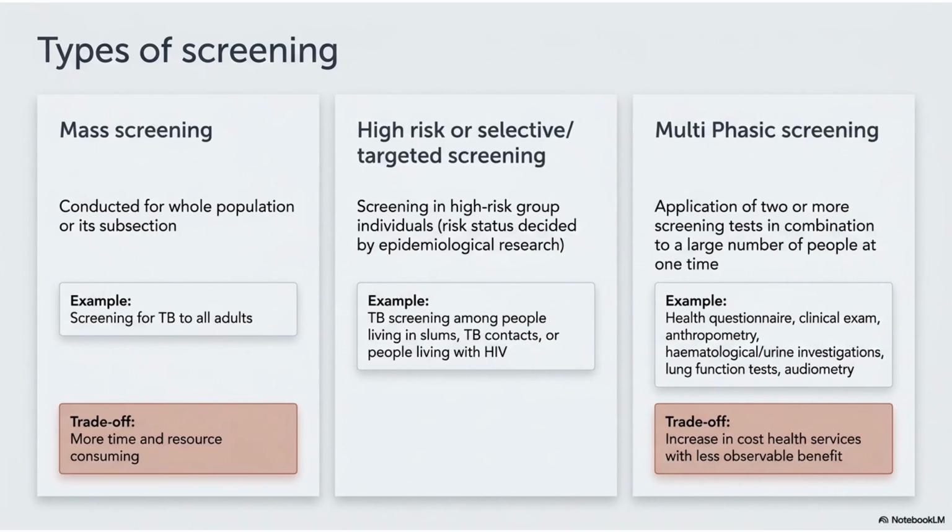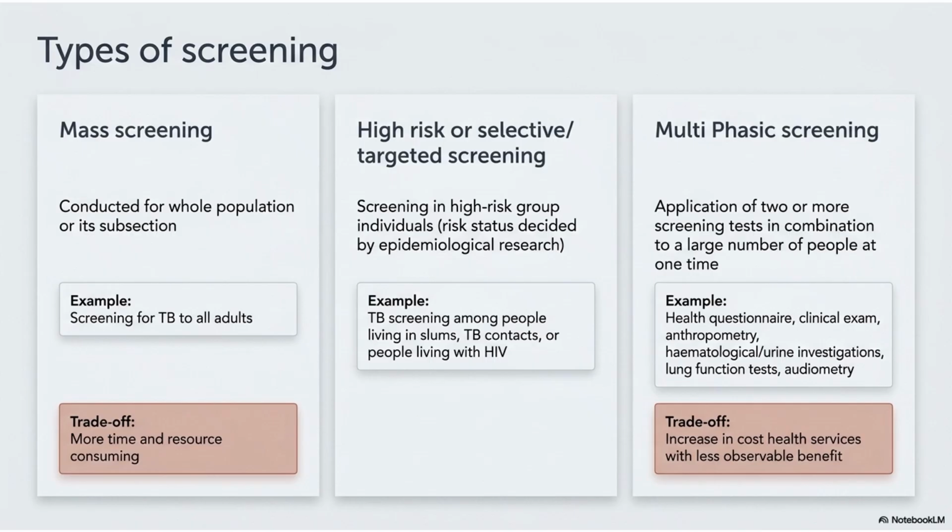So we will see an example for mass screening. For example, if we want to screen for tuberculosis among all adults, without keeping any criteria, we will screen all the adult population. For example, if we want to screen TB in Warangal, we will screen all the adult population for TB. So this is mass screening. And high risk screening means, as I said, we will keep some high risk categories, and only if they are fitting into this high risk category will we screen.